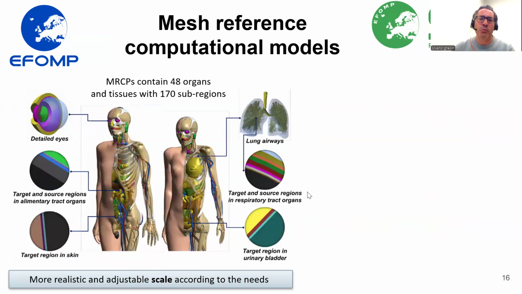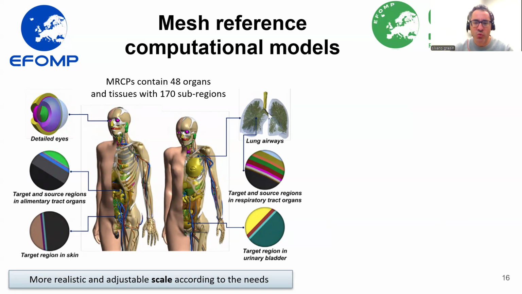The mesh reference computational phantoms have some advantages compared to voxel phantoms, because here the structures, especially small details of structures, can be considered in a more realistic way and with adjustable scale according to the needs. So you can really move much closer to a specific patient-like geometry.